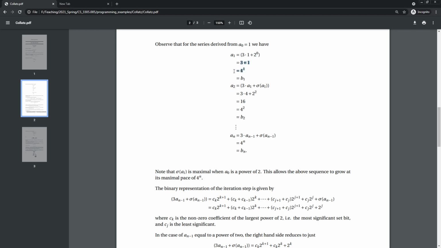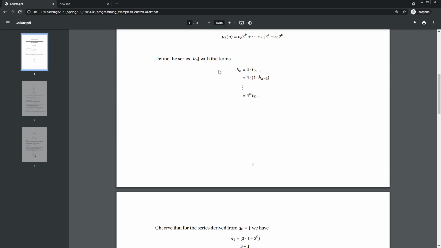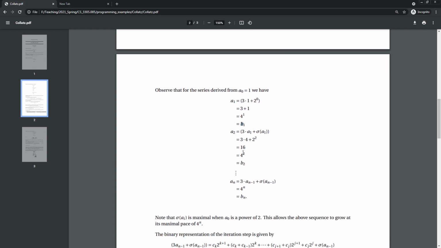Times 3 plus 1, it's 4 to the 1. This is exactly the same as the term in our B sub n series, which is 4 to the n times the initial value. If you start with 1, then these two values are equivalent. And in fact, they're equivalent after a second iteration, whenever we apply it again.